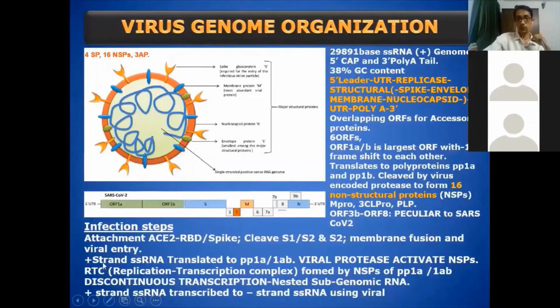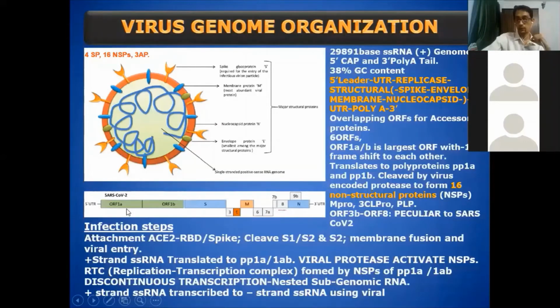After the entry of the virus, the positive strand RNA is immediately translated to PP1A and PP1AB polyproteins, and the viral protease activates the NSPs that are encoded by PP1A and PP1B.